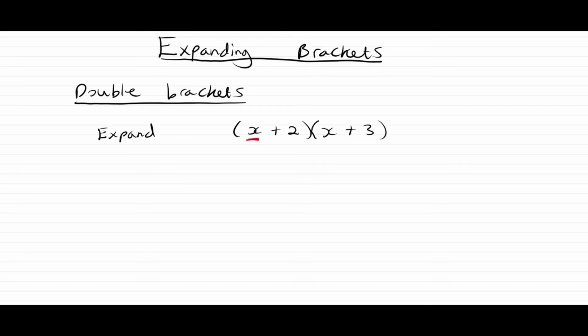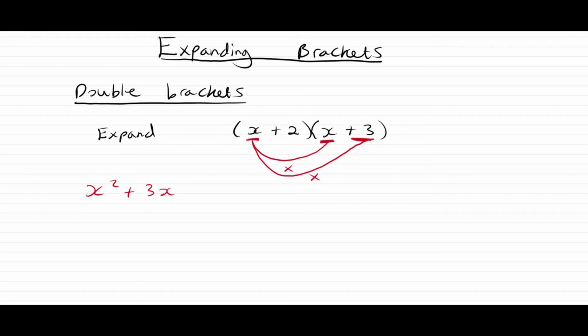I like to take the first term and times this by the first one in the second bracket. So you'll do x times x, which is x squared. I'll write down here, x squared. Then I'll do the same x times the second term in the second bracket. So x times 3, and it's plus 3, don't forget. So it'll be plus 3x.